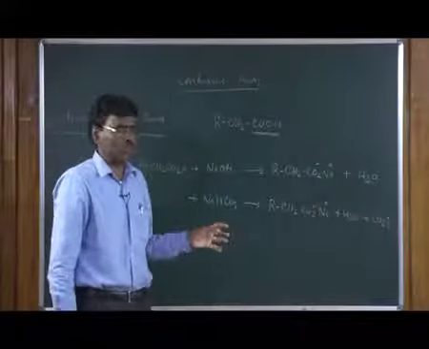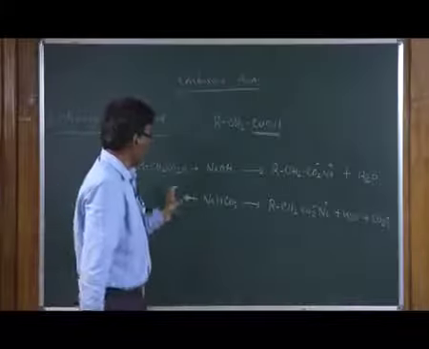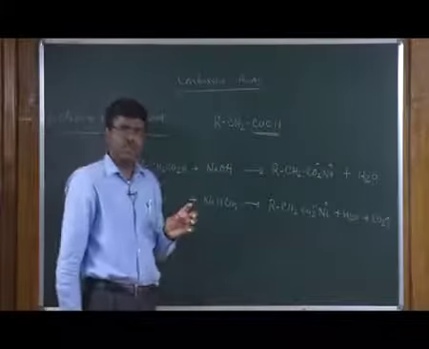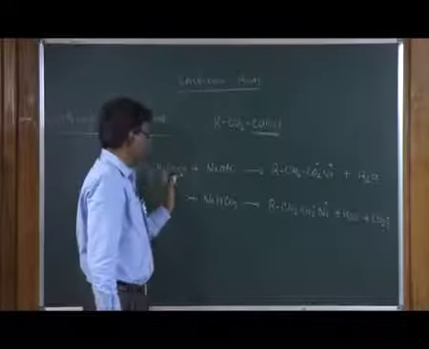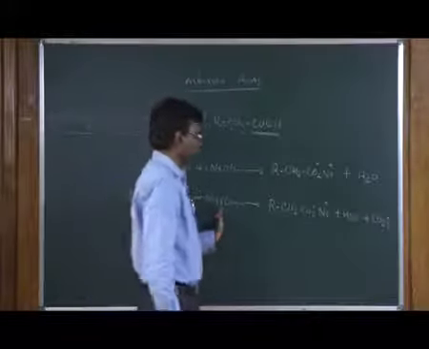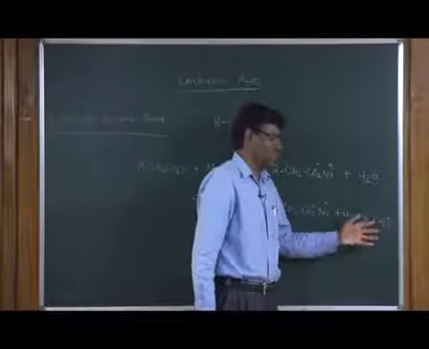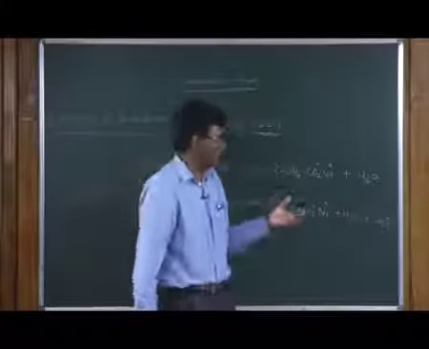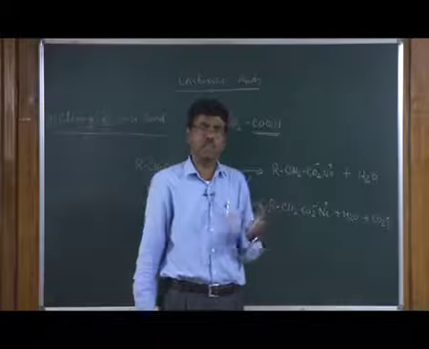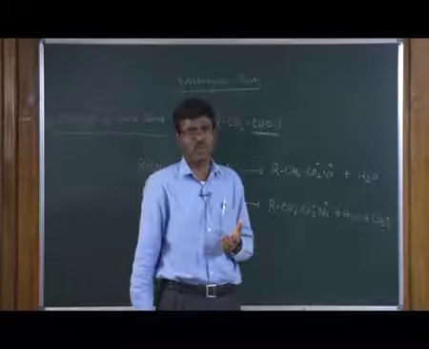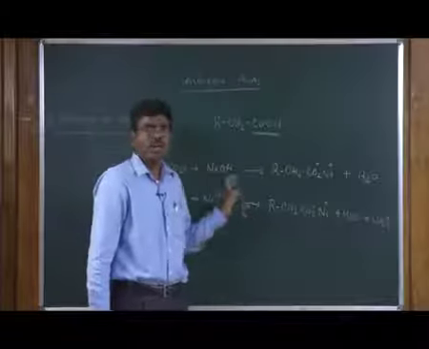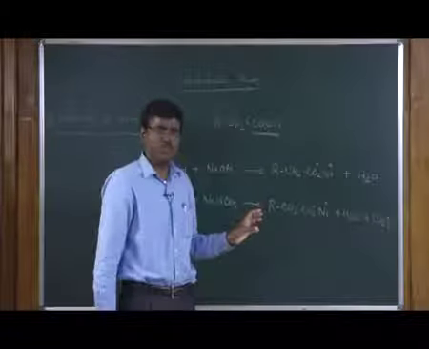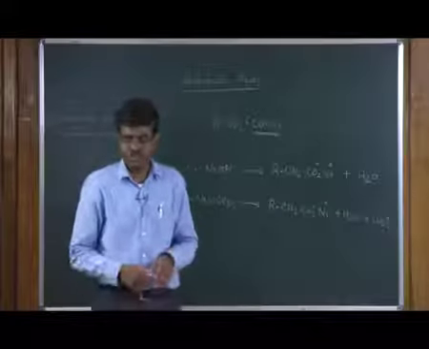This is a test we use in the laboratory to find out whether the compound that we have is a carboxylic acid or not. If you treat with sodium bicarbonate and you can see the evolution of carbon dioxide, then you can tell that the compound has a carboxylic acid functional group. This is one of the tests we use in the laboratory to find out the carboxylic acid functional group in organic compounds.